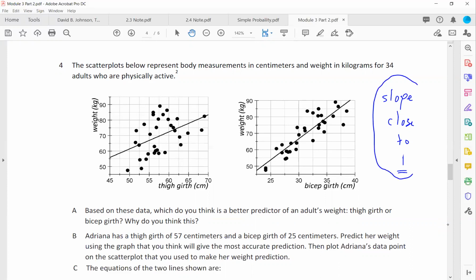It means that you have a stronger correlation, better prediction. So which one of these two lines has a slope close to 1? Of course, the second line. The second line actually gives you a better prediction. So the answer to question 4A is the second line.